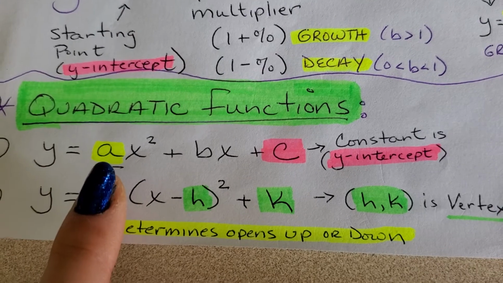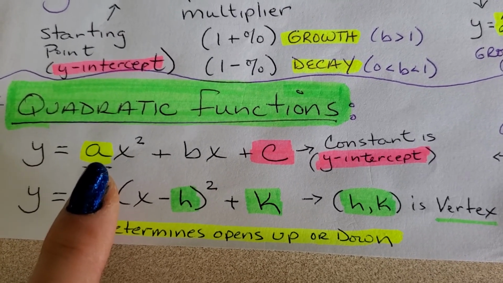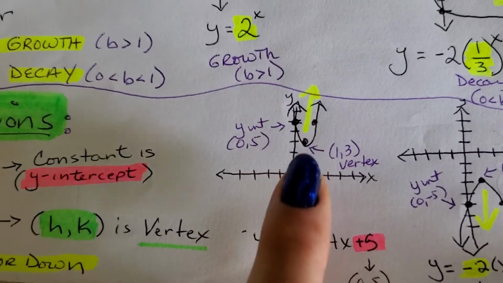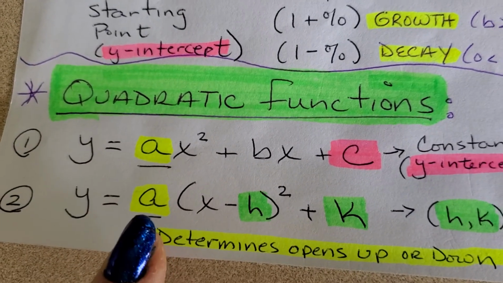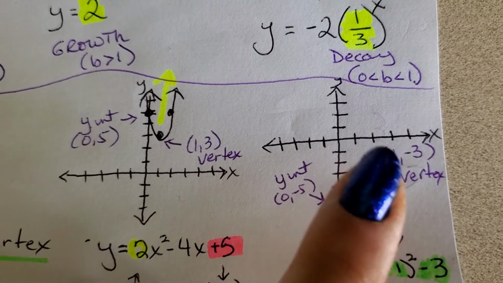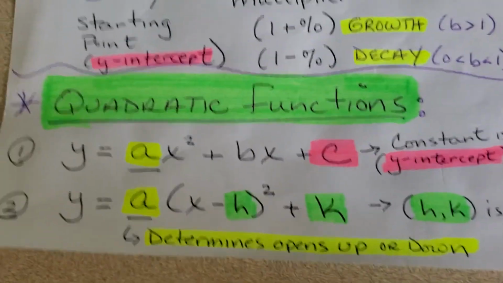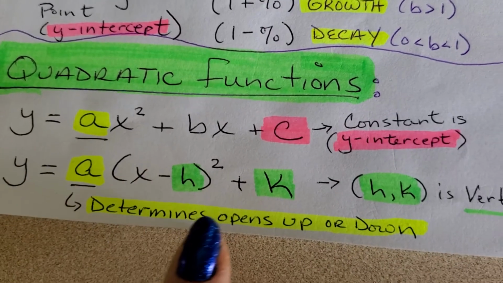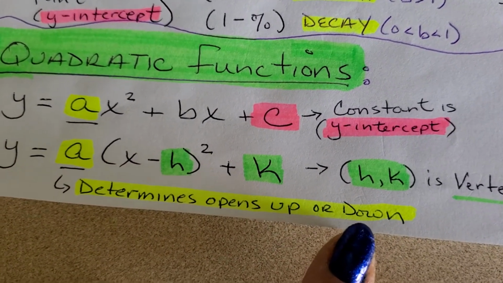A is our leading coefficient, and if it is positive, our parabola opens up, like this one. And if the a value out in front is negative, then we have a parabola that opens down. So that determines whether our parabola opens up or opens down.